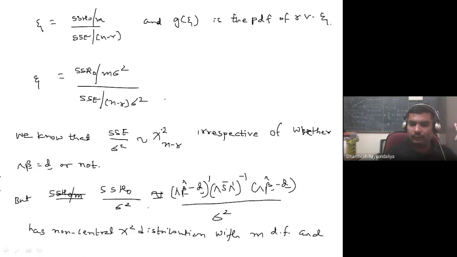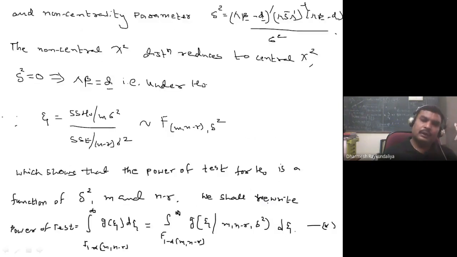And SS H naught upon sigma square has the non-central chi-square, because we are finding it under the alternative, with degrees of freedom m and non-centrality parameter delta square. And xi is a ratio of a non-central to a central chi-square, divided by the corresponding degrees of freedom. It has a non-central F distribution with m, n minus r. So g of xi is a function of delta square, m and n minus r.